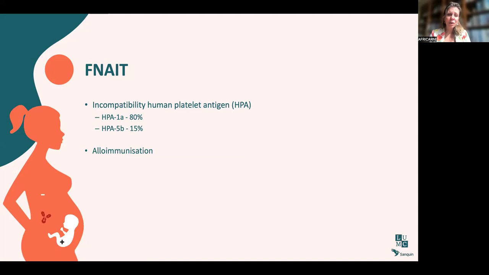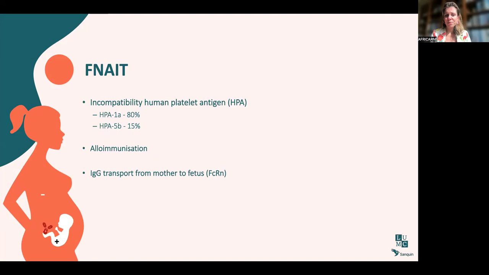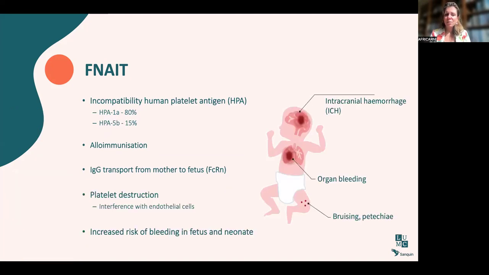What we know now, HPA-1a is the most important human platelet antigen, and again, it causes alloimmunization. Sadly enough, the antibodies are transported over the placenta to the fetus, and platelet destruction occurs.